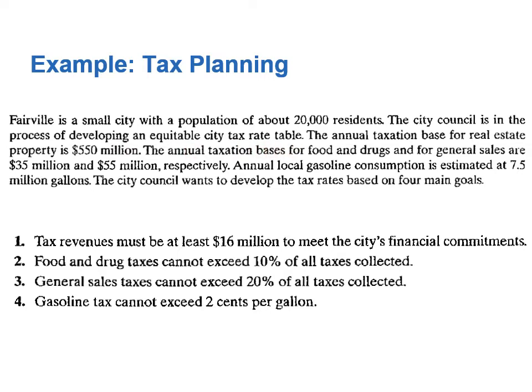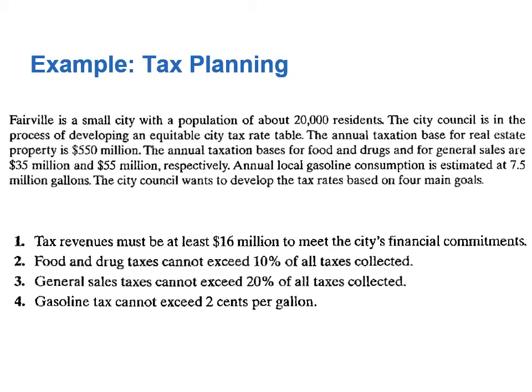The annual taxation base for real estate property is $550 million. So in total, you can collect a tax from this value, and we will decide what the tax rate should be, what percentage of this value we should collect as a tax.